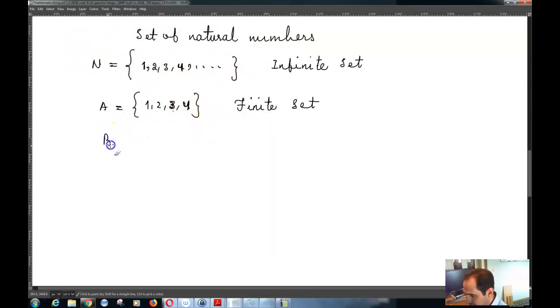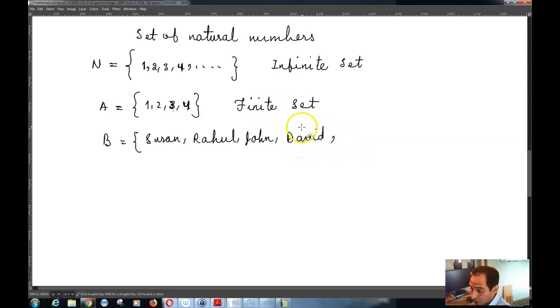For example, B can be the set of the names Susan, Rahul, John, David, and Beth. So a set can contain anything, for example, the names of people. So this is also a set.